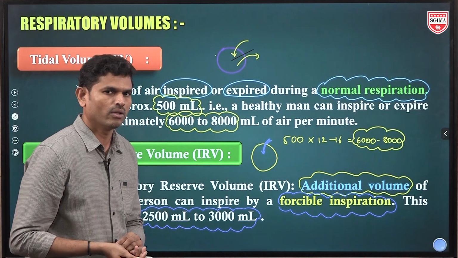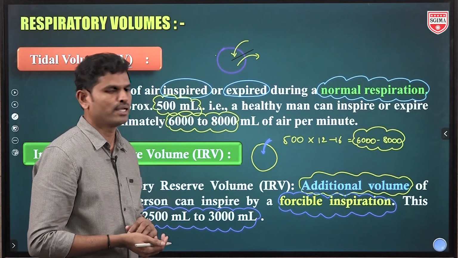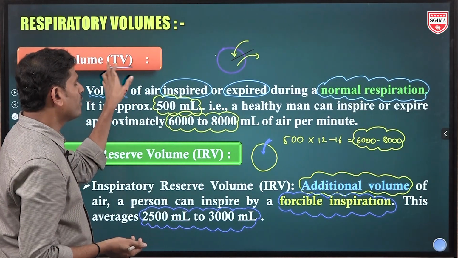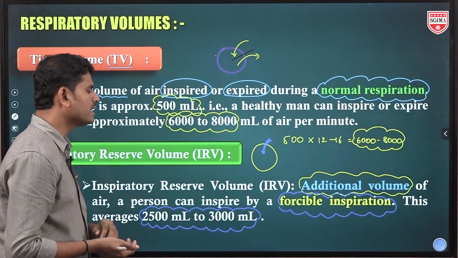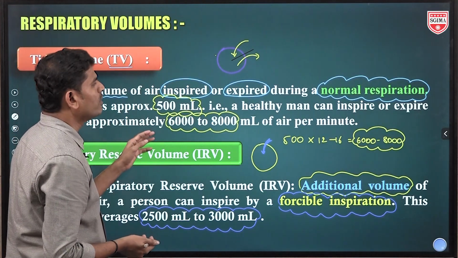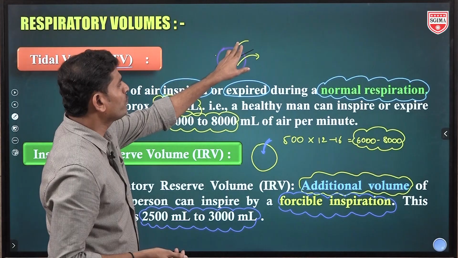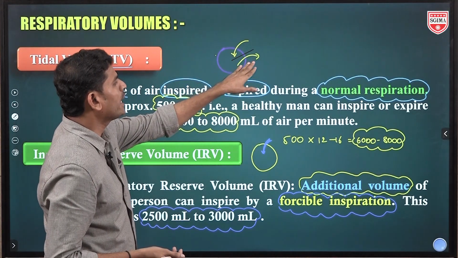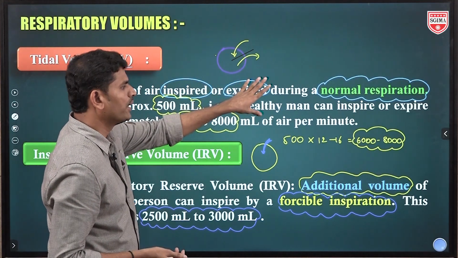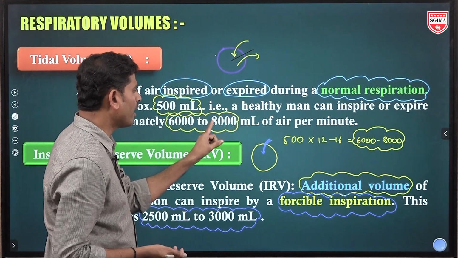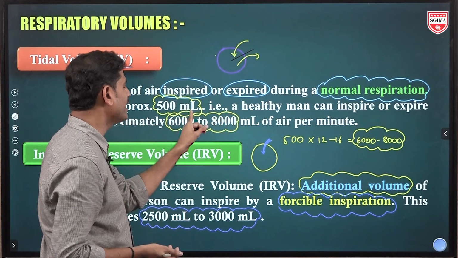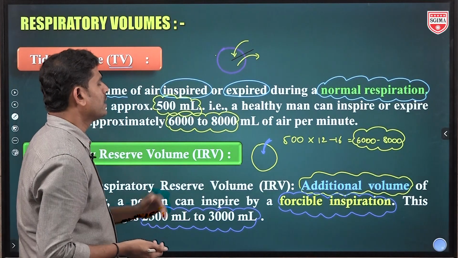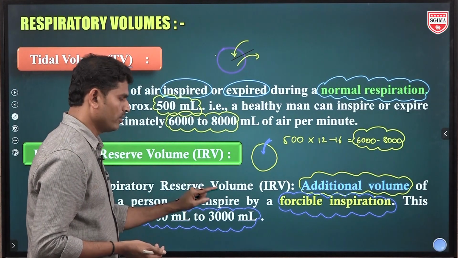In this slide, we learned two definitions. One is tidal volume and the other is inspiratory reserve volume. Tidal volume means the volume of air inspired or expired by the organism under normal respiration. Its value for one time is 500 ml. The second one is inspiratory reserve volume.